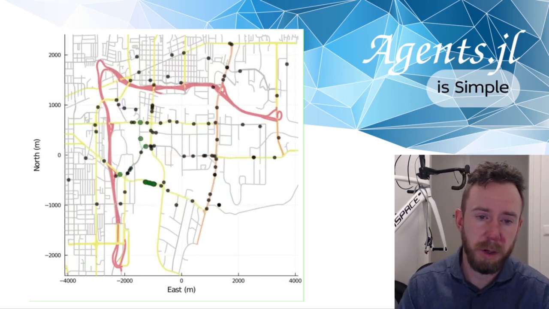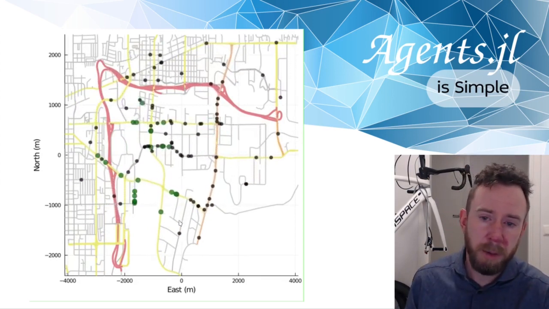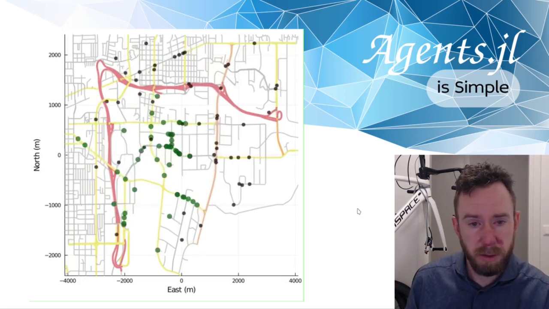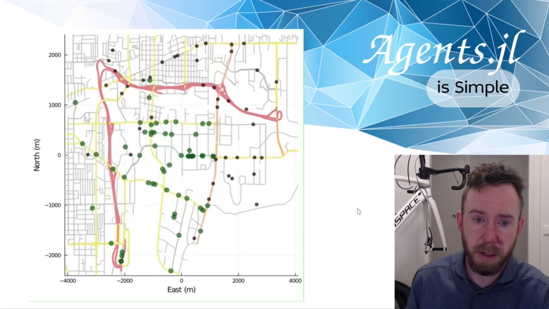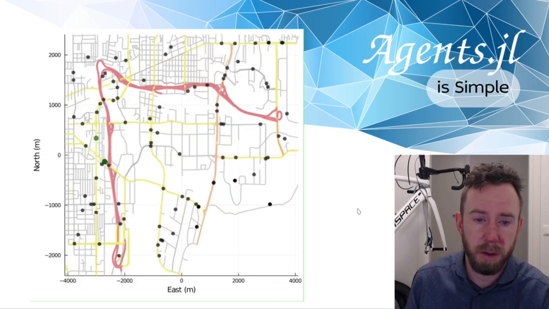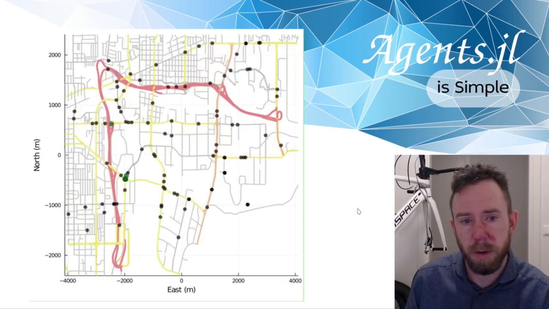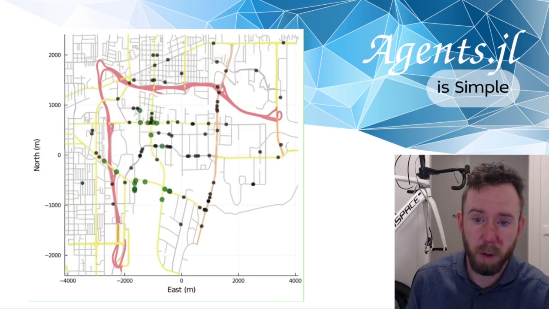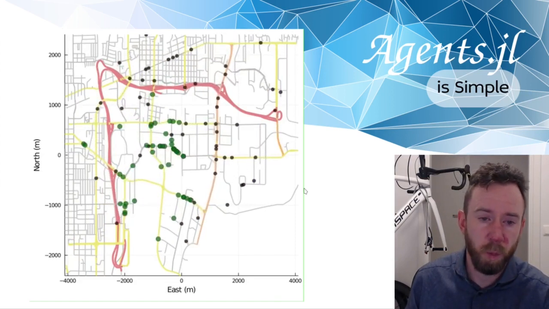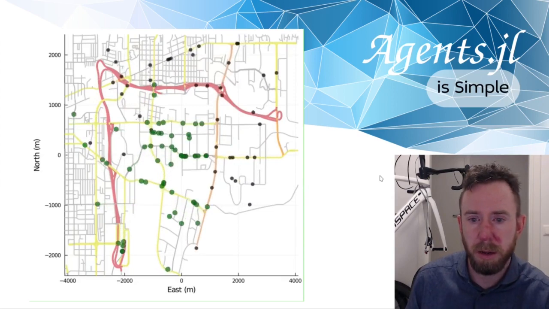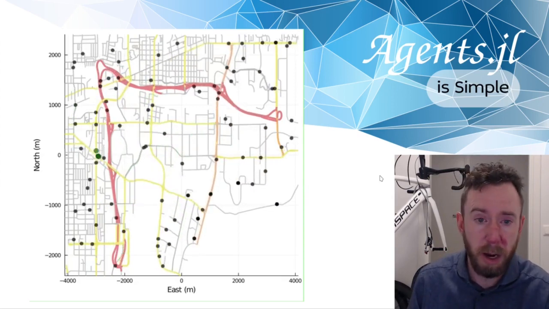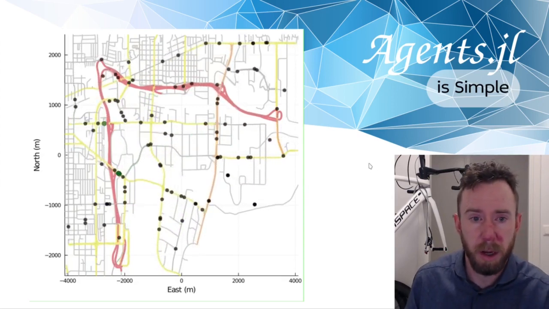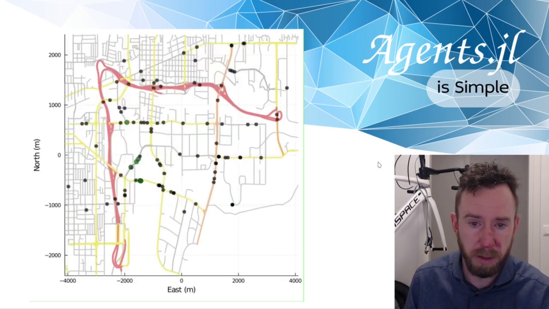So this is what I'd like to get into now. For one, this OpenStreetMap space is, as far as we're aware, only available in Agents.jl. So we're showing examples here that are simple for Agents.jl, but are actually highly complicated for other frameworks that we've compared it to.